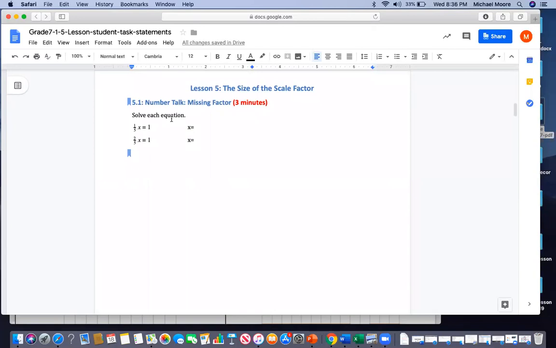So in the do now, the warm-up activity, we were asked to find x, the variable, the unknown. So here we have two fractions. 1/5 times x equals 1. And again, when we have 1 as our answer, when we're multiplying fractions, we practiced that when you multiply a fraction by its reciprocal, your answer will always be 1.